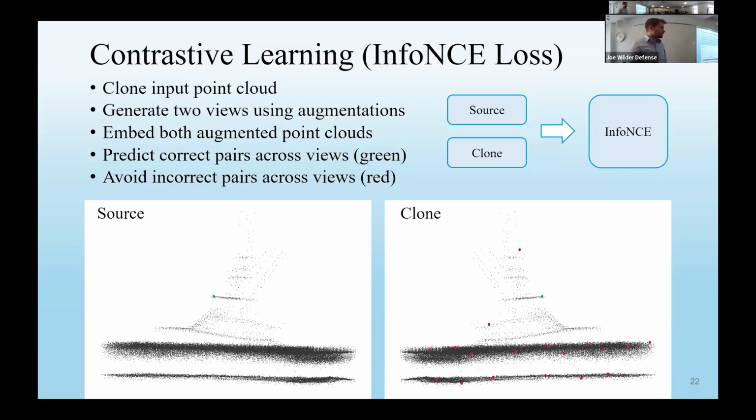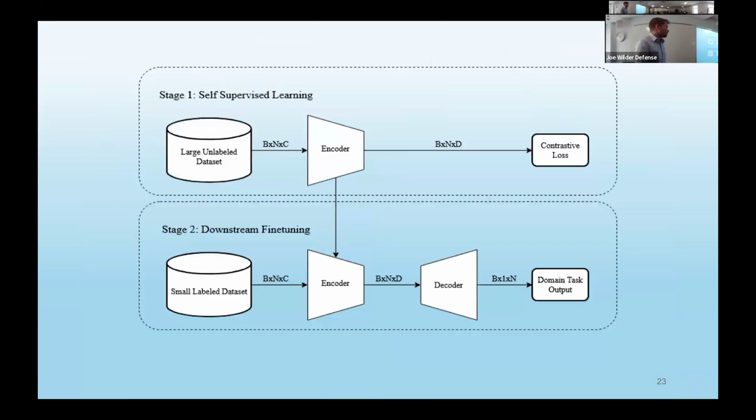What that is doing is teaching the model that no matter what angle or scale you look at the point cloud, the point is still the same, even though you're changing the positioning or the rotation. So with that, you're able to get an overview of what I want to be doing here. Again, the big benefit with self-supervised learning is you generate the labels out of the data itself.